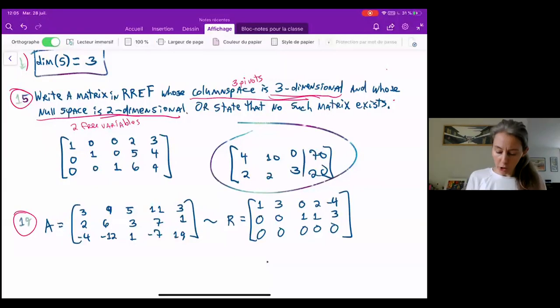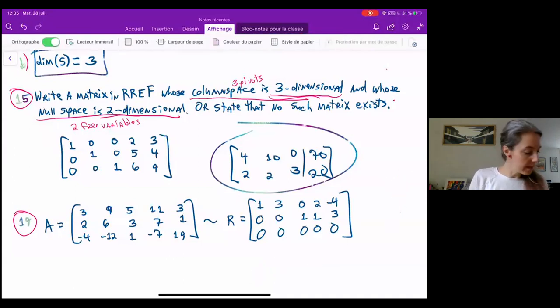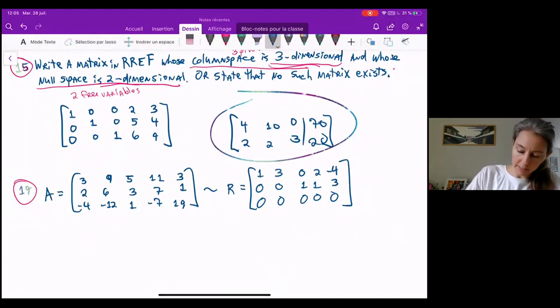Okay, so we have A reduces to R, which gives us this. And then the first question is, which of the following sets are a valid basis for the column space?